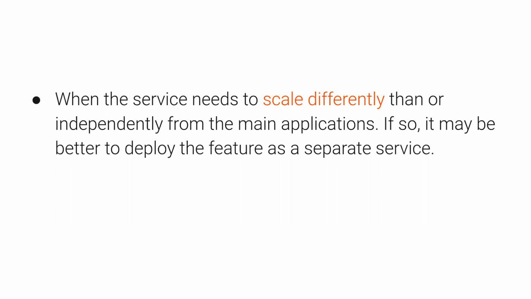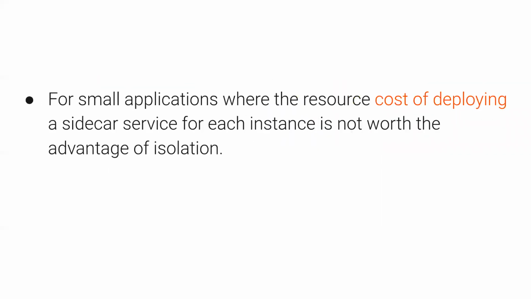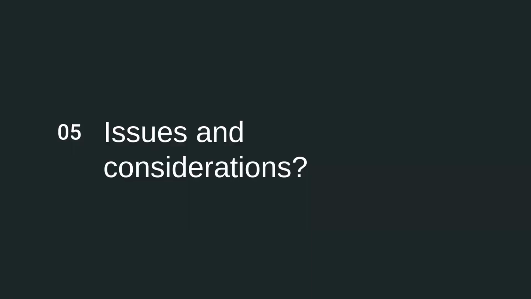But ideally, you don't need logging and these additional things to scale at the same rate. So you don't need to put that as a sidecar, because unnecessarily they will also get scaled. Instead, you can deploy it as a separate service altogether. So these are some of the cases where the sidecar pattern is not useful.